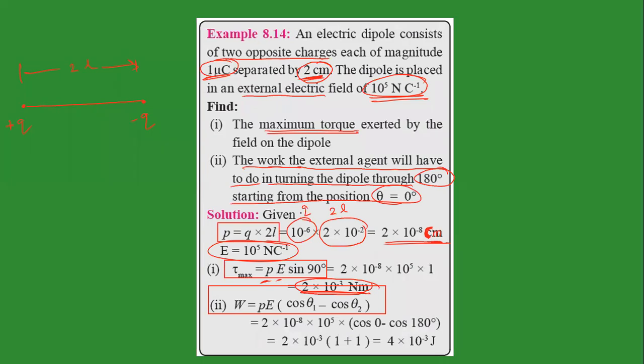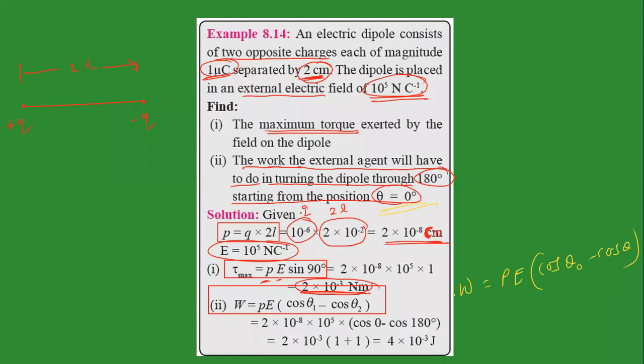That work done is W equal to PE (cos theta 0 minus cos theta). So theta 0 is 0 degree and theta is 180 degree.